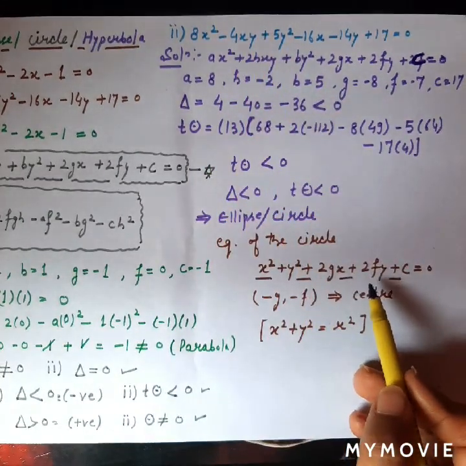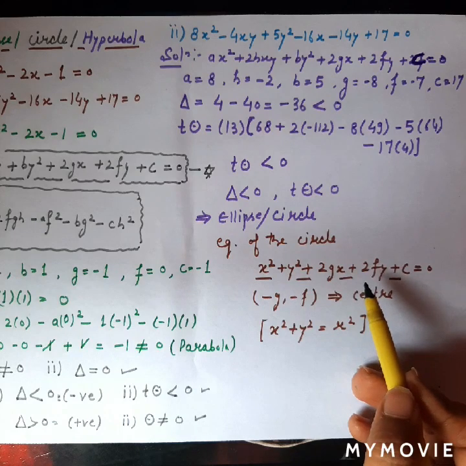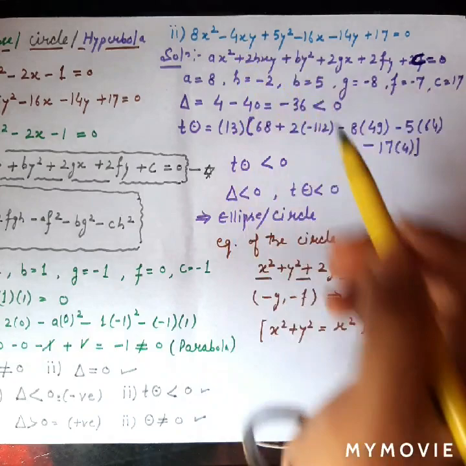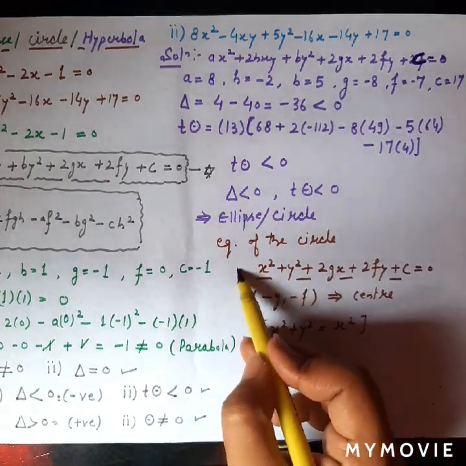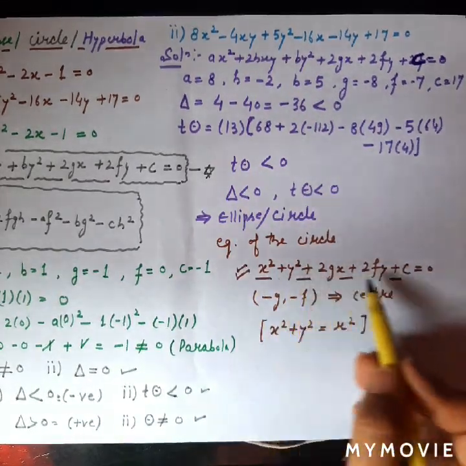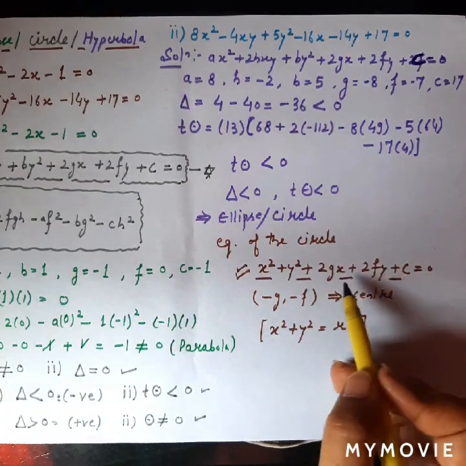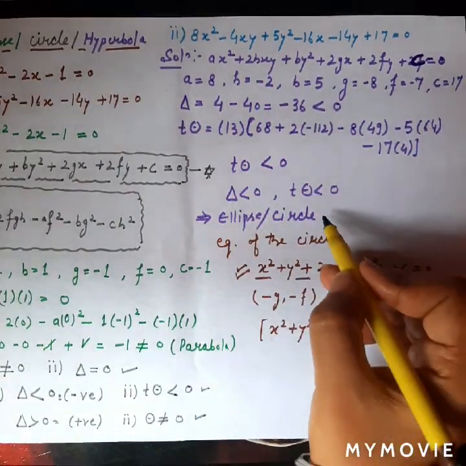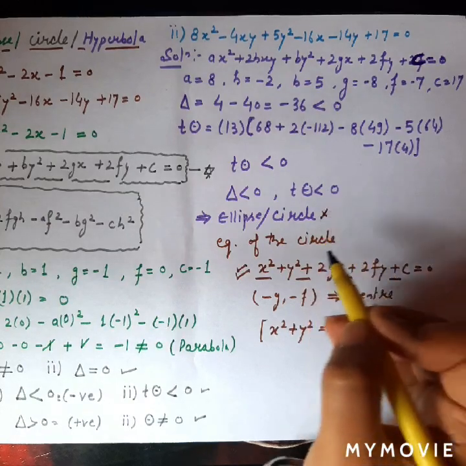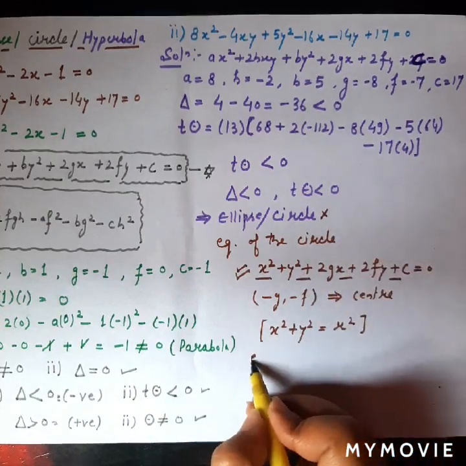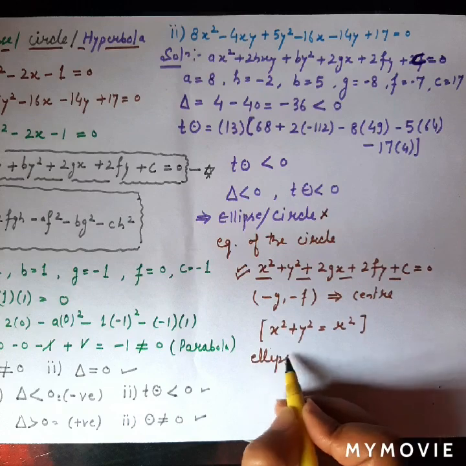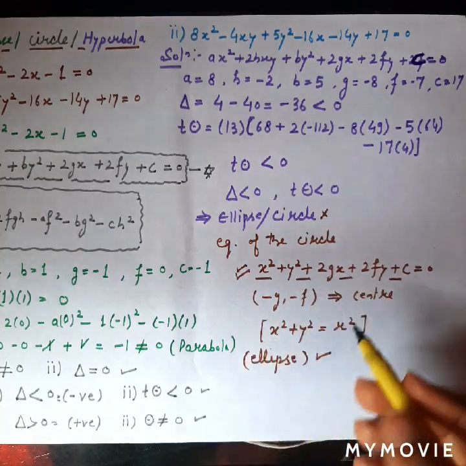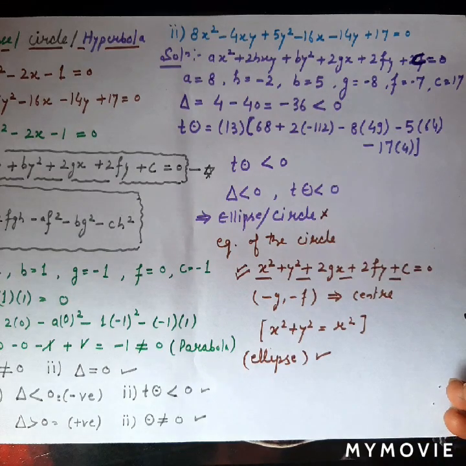But for the equation to be an equation of a circle, this term should not be present, because for the general equation of the circle we don't need the mixed term having x and y. So we will say that this will not be an equation of a circle, this will be an equation of an ellipse, as per the comparison with the general equation of the circle.